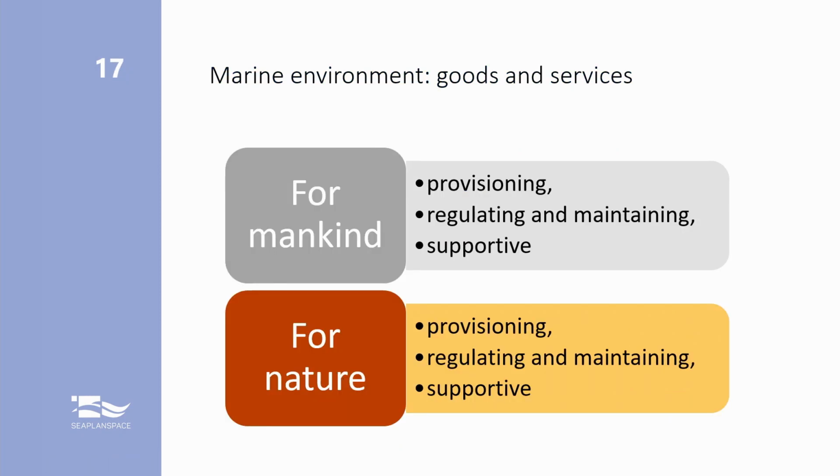We can distinguish which services are actually provisioned for mankind and which are for nature. We have, again, for mankind, provisioning, regulating and maintaining, as well as supportive goods and services, but the same goods and services are also seen for nature. So also here we see something that is provisioning, regulating and maintaining, as well as supportive.